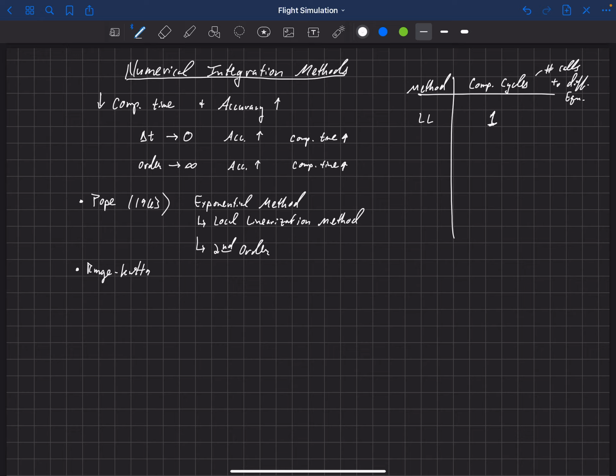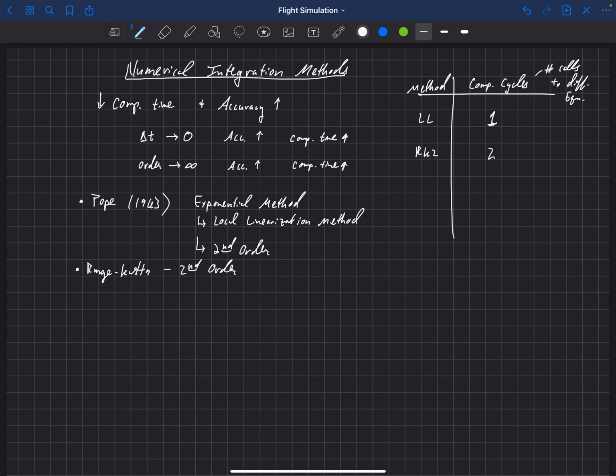But you can choose lower or higher order Runge-Kutta methods. We're also going to look at Runge-Kutta second order, which we're going to call RK2. That requires two calls to the differential equations per time step, two computational cycles per time step.